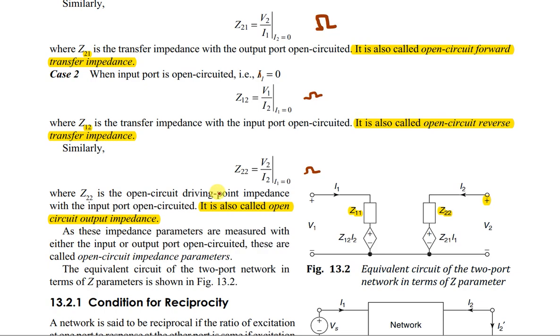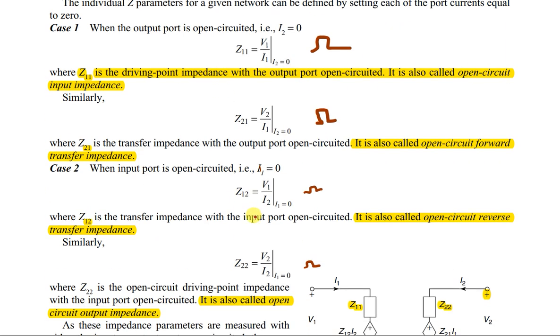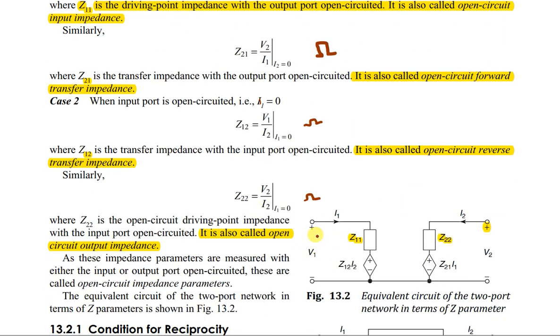After that, from this equation, V1 is the sum of this drop plus this drop: I into Z plus I into Z. So you can apply KVL here. V1 is equal to I1 into Z11 plus I2 into Z12.